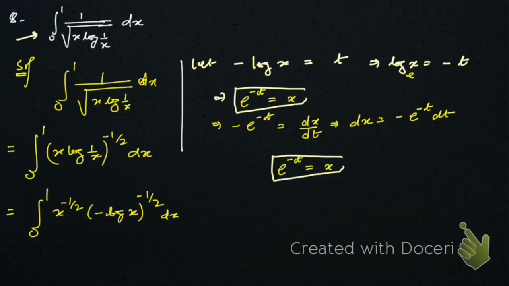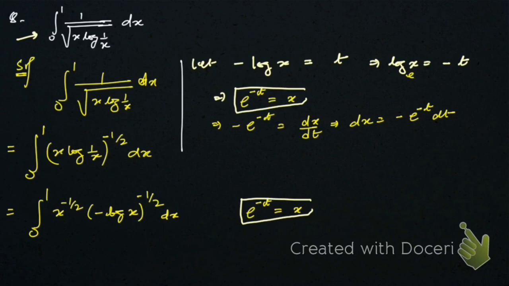When we have the integral from 0 to infinity, then we had the expressions of x here, functions of x dx. So now when you make it a function of t, then the limit will also change.